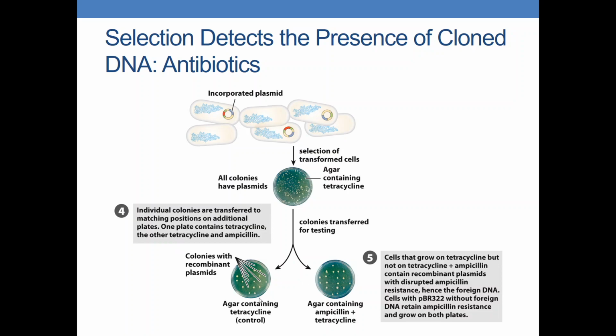So if you have a colony on both plates, you have just empty vector. If you have a colony on the tetracycline plate but not the ampicillin plus tetracycline plate, there you have the plasmid that you have tried to make intentionally. So you can use different experimental strategies to really build upon the fitness advantage that antibiotics confer in order to select and identify colonies that contain the plasmid that you are interested in.